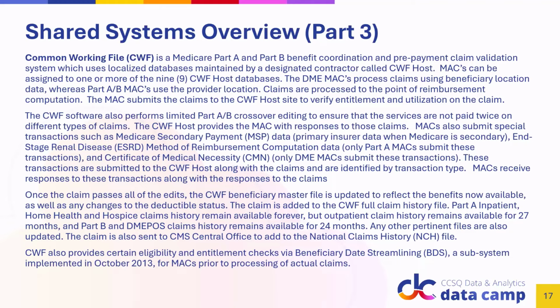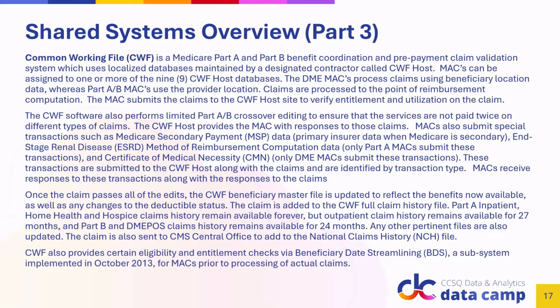Once the claim passes all of the edits, the CWF beneficiary master file is updated to reflect the benefits that are now available, as well as any changes to the deductible status, which is also very important. And the claim is added to the CWF full claim history file.